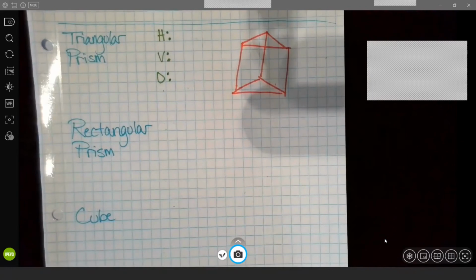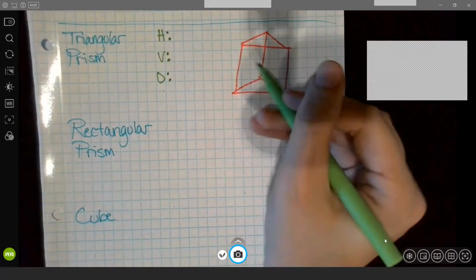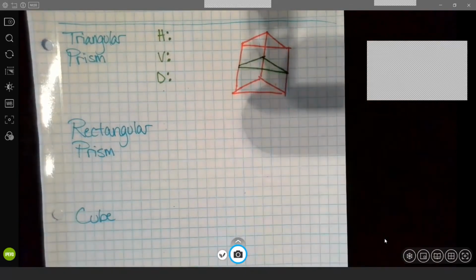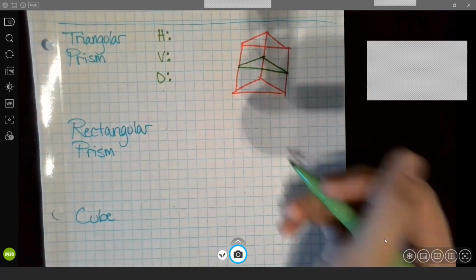So, again, my rule is that the cross section must match the parallel base. So if I cut horizontally here, if I cut through horizontally, I should be given a triangular cross section. So I'll write that down.